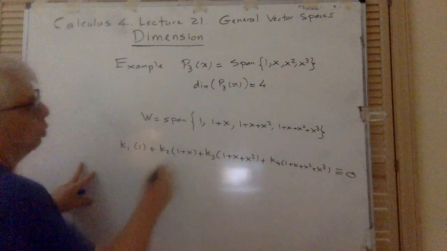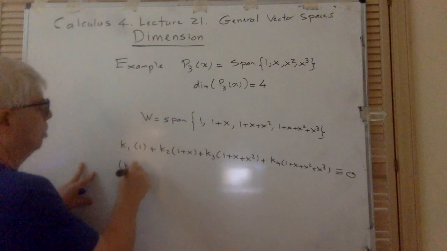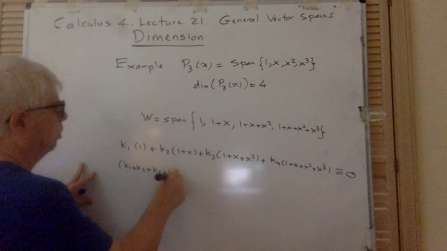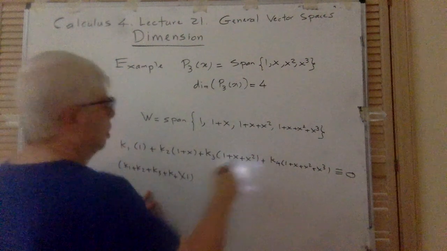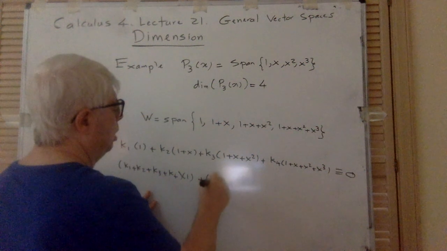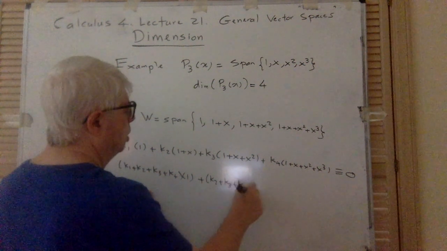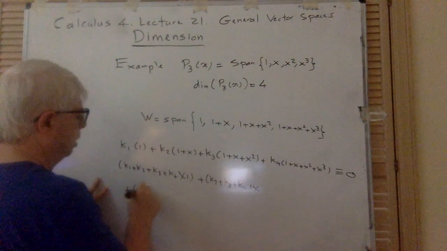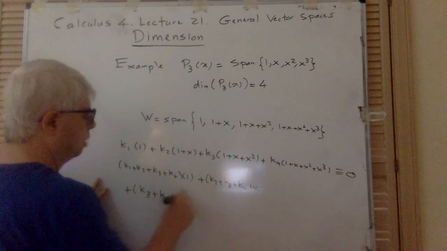Okay, so what do I have here? I have (k1 plus k2 plus k3 plus k4) times element 1. There's 1 here, 1 here, 1 here. Plus (k2 plus k3 plus k4) times element x. Plus (k3 plus k4) times element x squared.